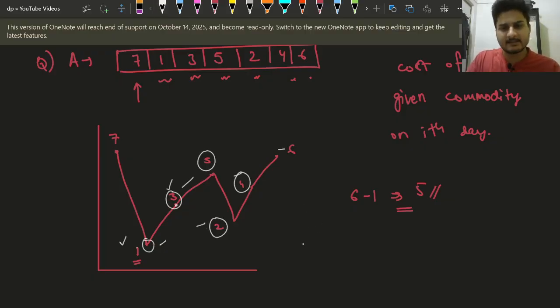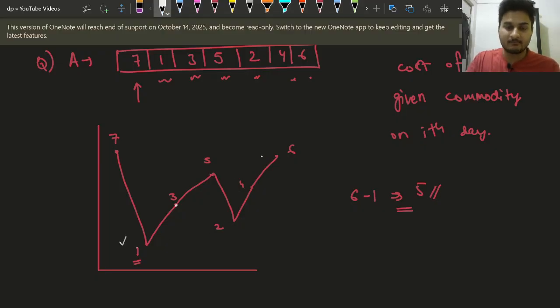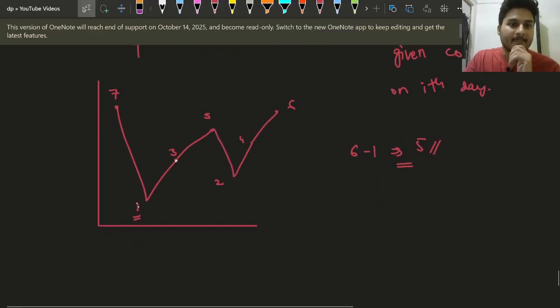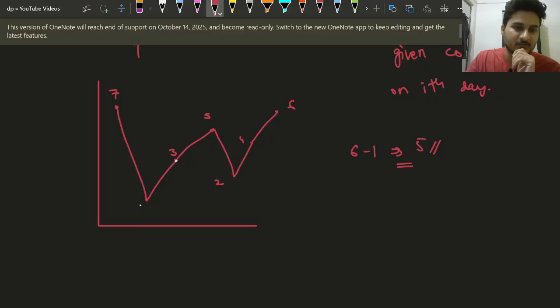But is it necessary to explore all the options? If we are just interested in the answer, then we know for sure that exploring all the options is definitely going to produce a solution. But there can be a clever way, and the clever way is to see when we are going to buy.